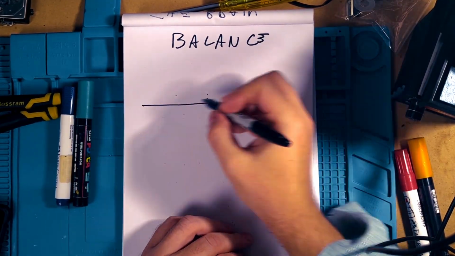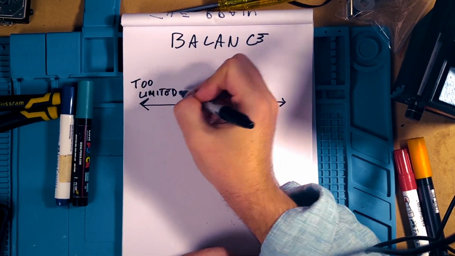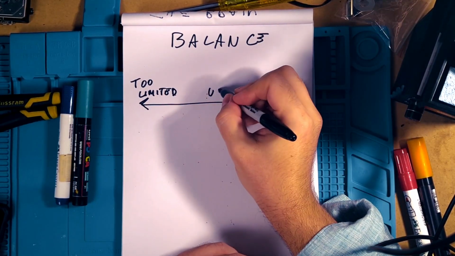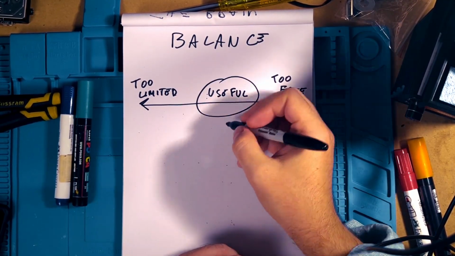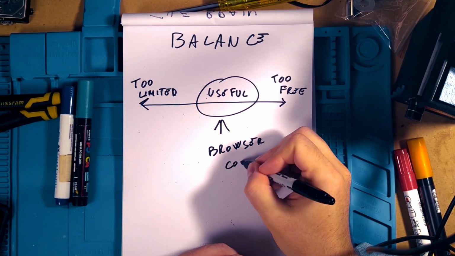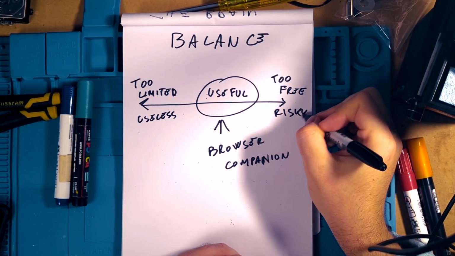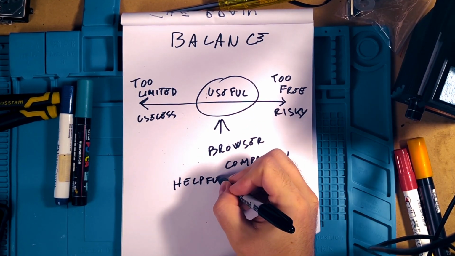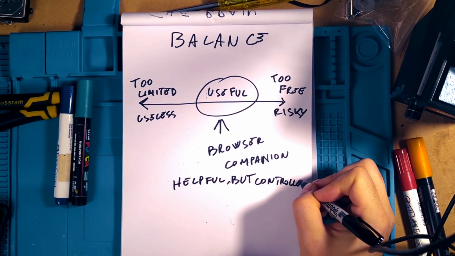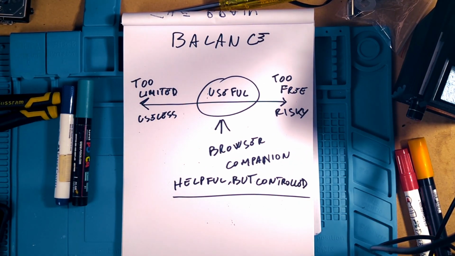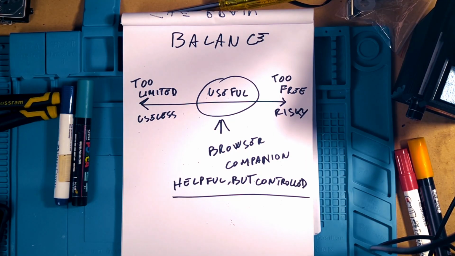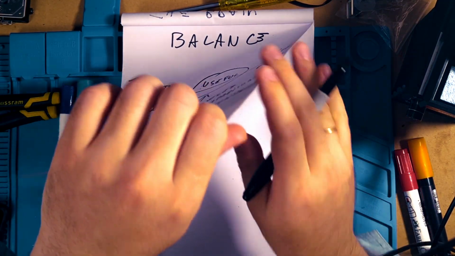One of the hardest parts of the project was to find the right balance. Too many constraints and the companion becomes useless, and too much freedom and it becomes dangerous. So I tried to design it like this. The companion can see the websites I authorized.